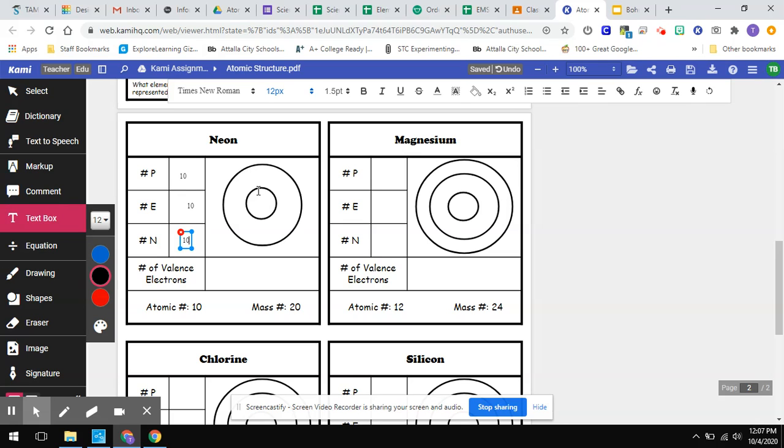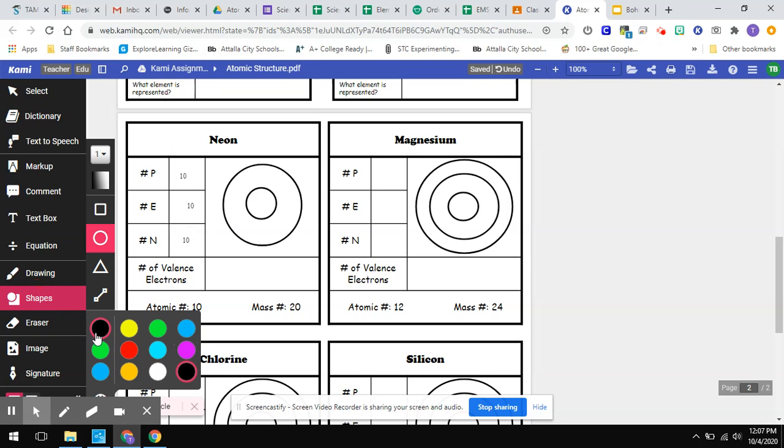So what we're going to do is we have 10 electrons that need to be diagrammed. So I'm going to use the shapes. I'm just going to try to go really small with them, the smallest I can go, and just drop them in there. So the first level can only hold 2. So I'm going to put 1 right there, and I'm going to put 1 right there. So that's 2 electrons. I still have 8 more that I need to plot.